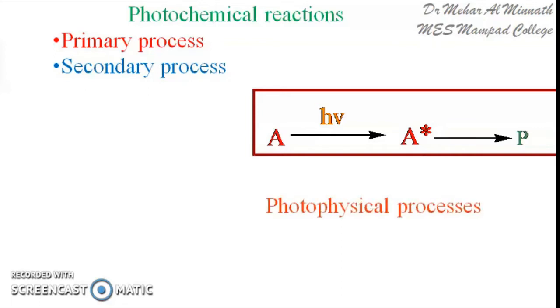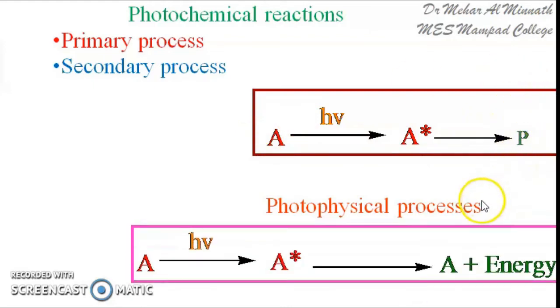Now there is another type of process which happens when a molecule absorbs light, and that is the photophysical process, wherein there is no chemical change happening. In a photochemical process, there is a chemical change: molecule A is chemically transformed to P. But in a physical process, that's not happening.